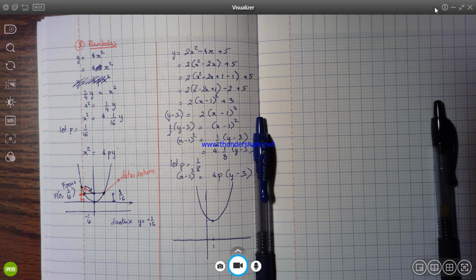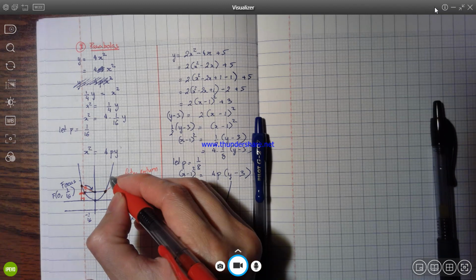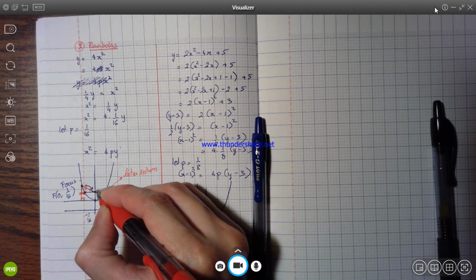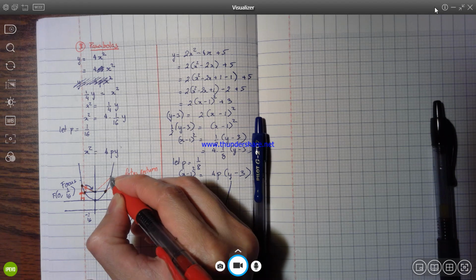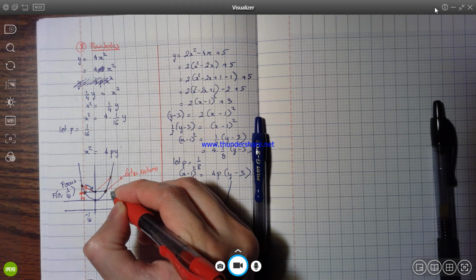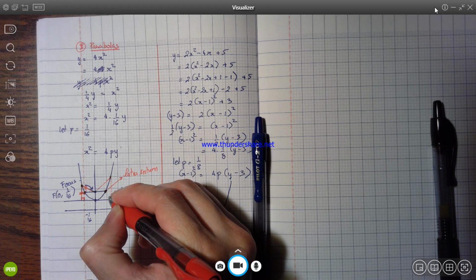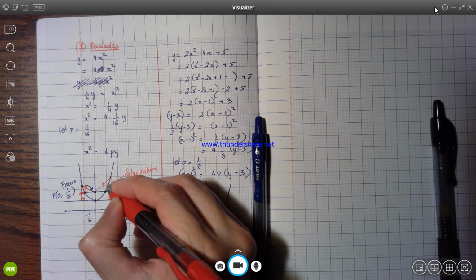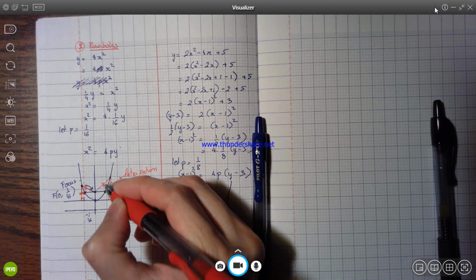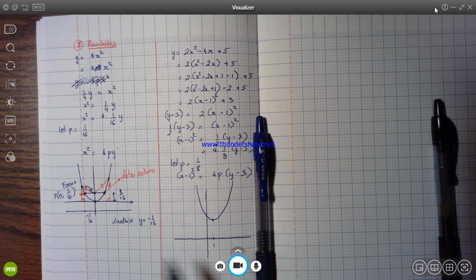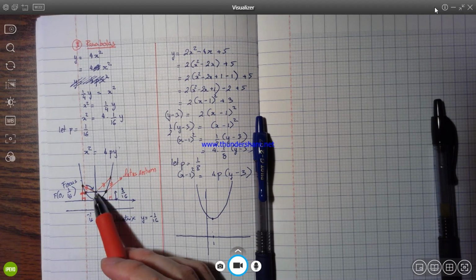For example, if I pick a point here and draw a perpendicular to the x-axis, this is congruent.